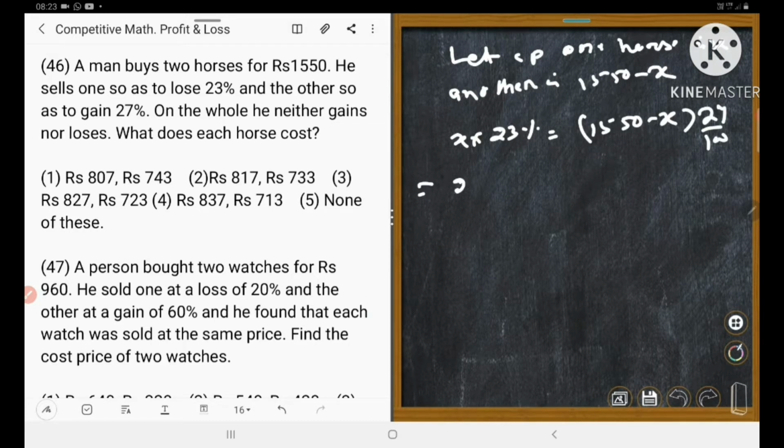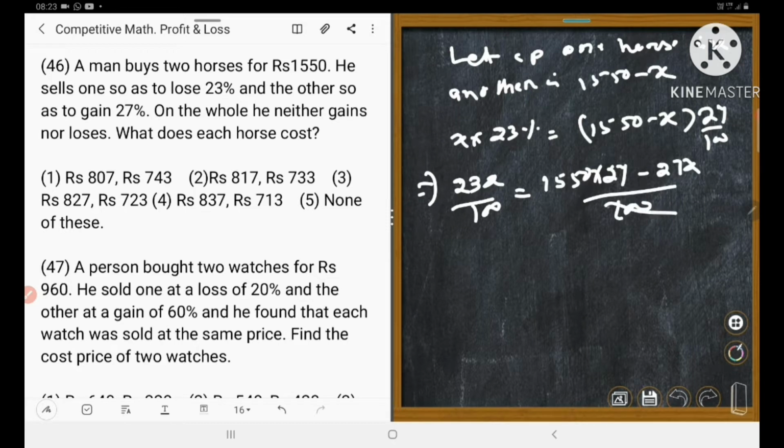This implies 23x upon 100 is equal to 1550 into 27 minus 27x upon 100. The 100 cancels.